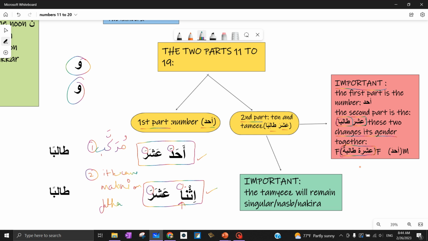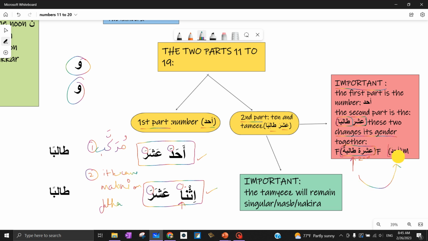Like if I'm talking about 11 female students, how will I recognize that it is 11 female students? I will look at the tamiz, the second part. Both of them should be feminine together: asharata and talibatan.